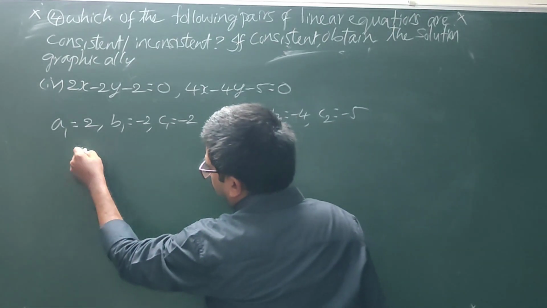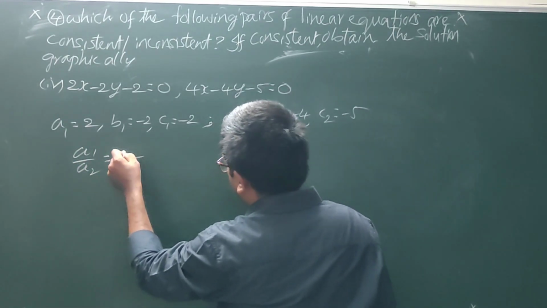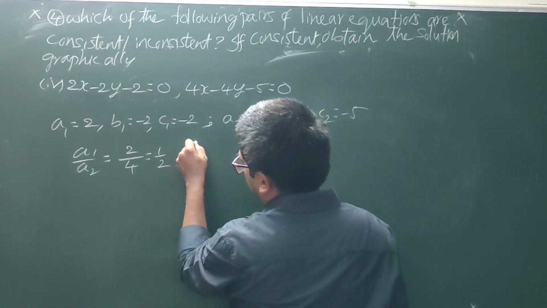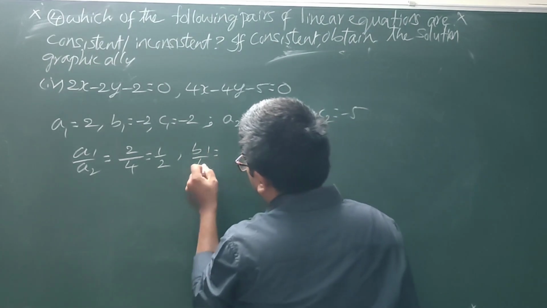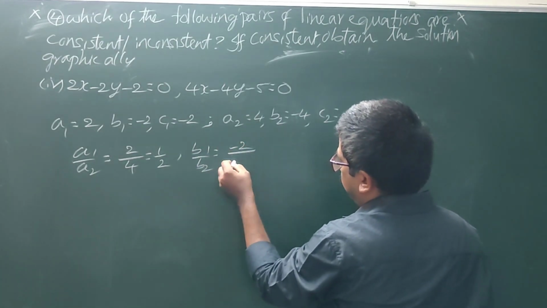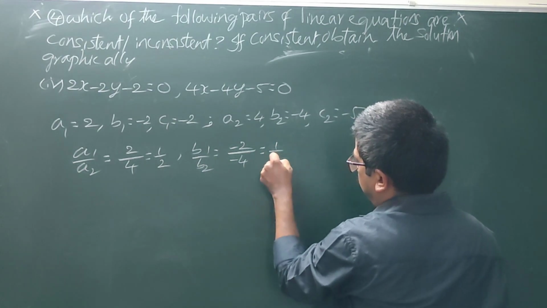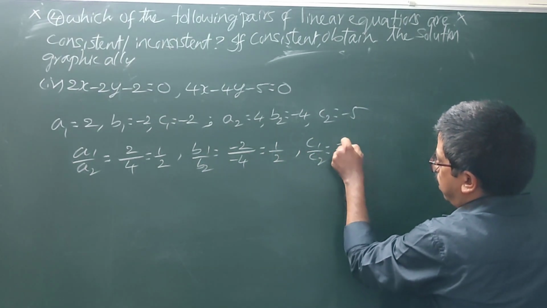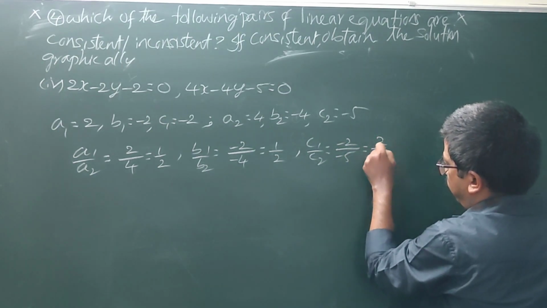Now compare. a1 by a2 equal to 2 by 4 equal to 1 by 2, b1 by b2 equal to minus 2 by minus 4 equal to 1 by 2, c1 by c2 equal to minus 2 by minus 5 equal to 2 by 5.